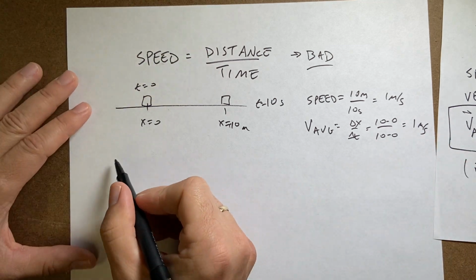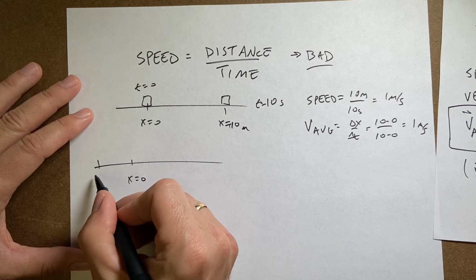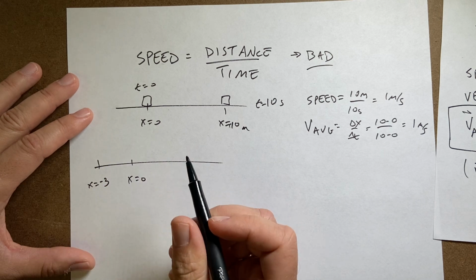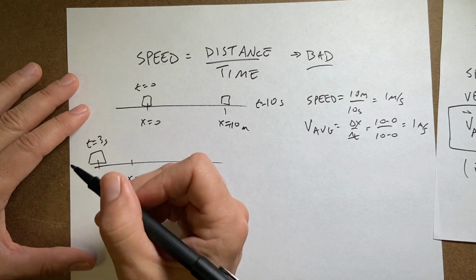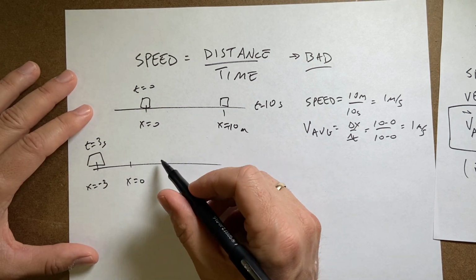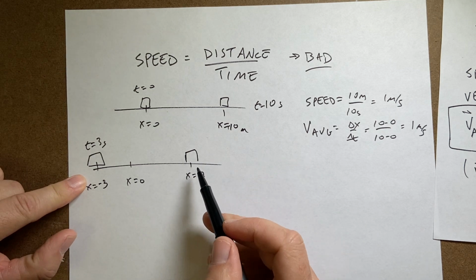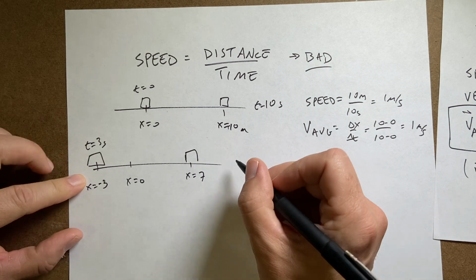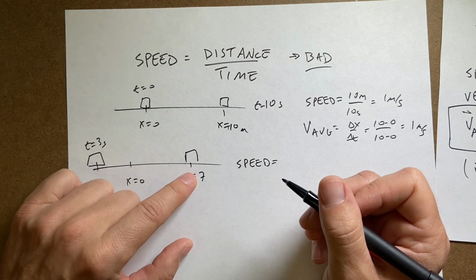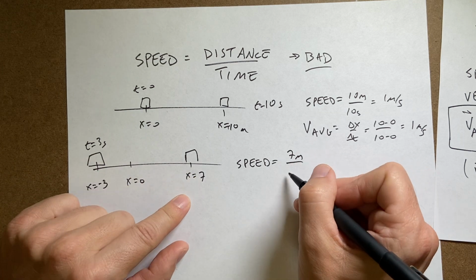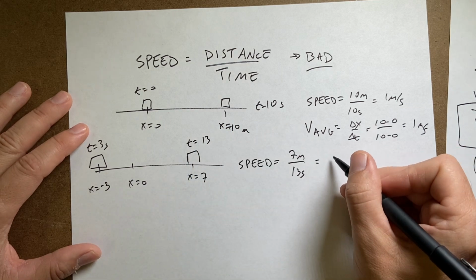Same thing. So now let's say I start here at x equals 0, but I start over here at x equals negative 3, and at a time of t equals 3 seconds. So I ran the clock for 3 seconds, and then I stopped it, and it goes over here to x equals 7. It's the same situation. It just shifted in both time and space. So if you say speed is distance, some people would say, oh, 7 meters over t equals 13 seconds, 7 over 13 seconds, and that's wrong.